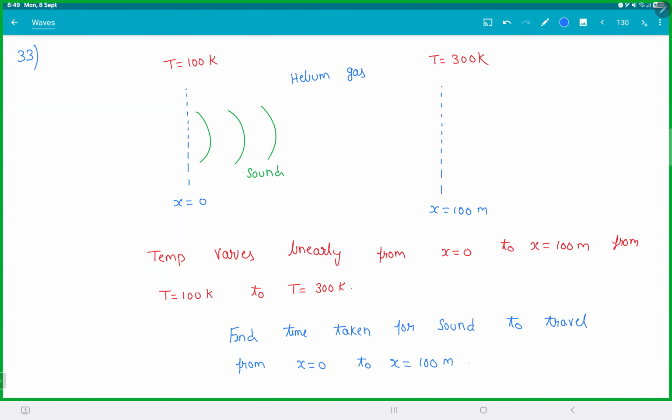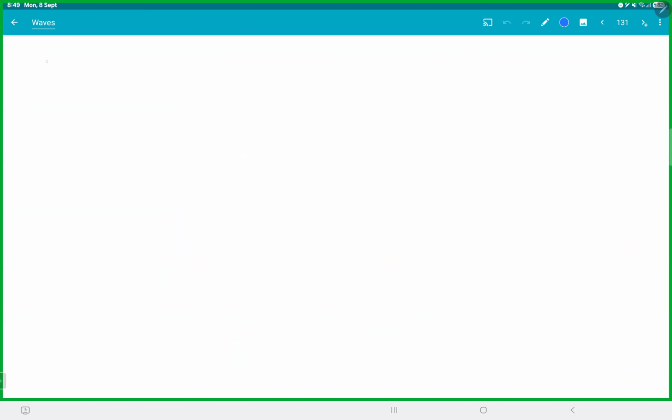Let's see. First, let's get the linear function. So temperature varies linearly, so T is equal to Ax plus B.